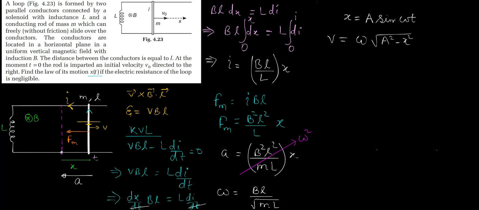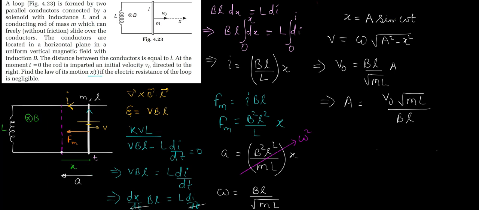Initially the velocity of the rod is v0, so v0 equals omega, which we calculated as BL over square root of ML, times the square root of A square minus x square. Here x is 0, because at x equal to 0 the velocity is v0, and the square root of A square becomes A. Then the amplitude A is equal to v0 square root of ML over BL.